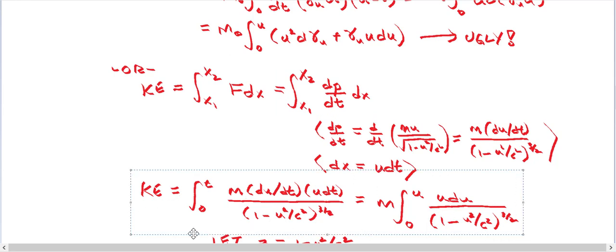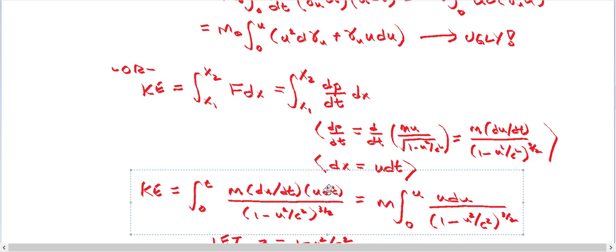And so we can say that the kinetic energy, we're going to switch to the integral variables on time right now, at least momentarily, to say that the kinetic energy is the integral from 0 to t of, in the numerator, m times du/dt times u dt, and dividing that by the denominator, the quantity 1 minus u squared over c squared to the 3/2.